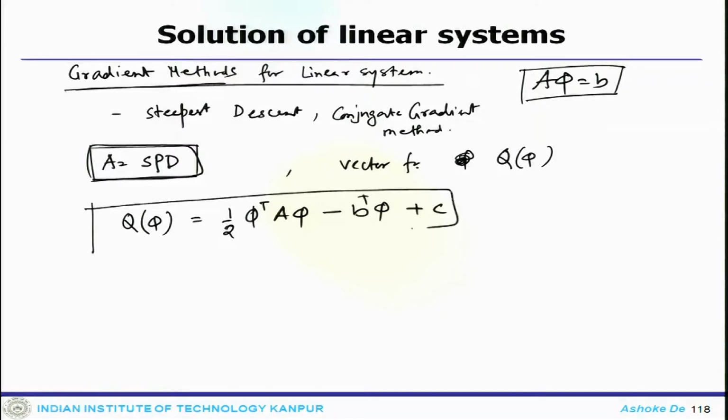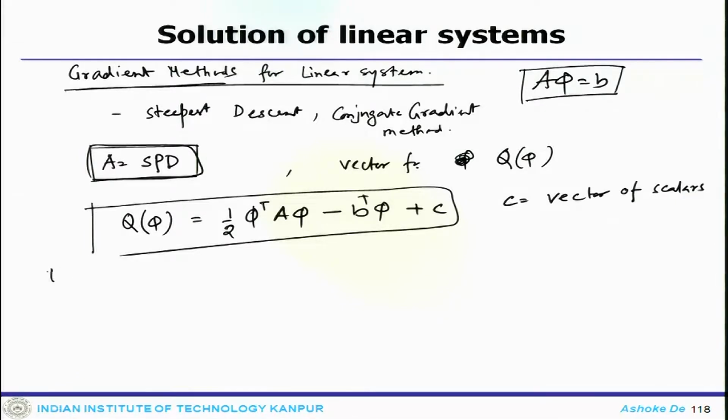So, this is how one can reformulate this, where c is a scalar, and other variables are as per our standard notation. Now, the minimum of this Q phi is obtained when its gradient with respect to phi is 0.